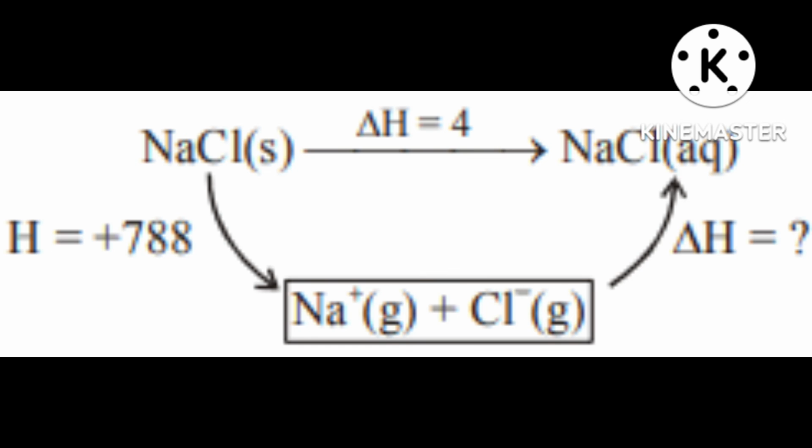Heat of solution is the sum of lattice energy plus hydration energy. So heat of solution is equal to lattice energy plus heat of hydration. For 1 mole of solid NaCl, the lattice enthalpy you have just calculated is 788 kilojoule per mole.